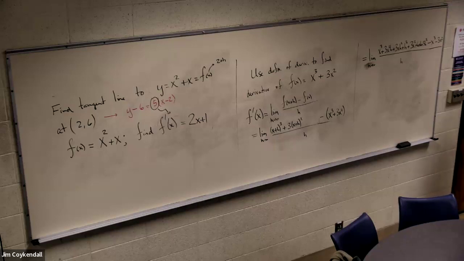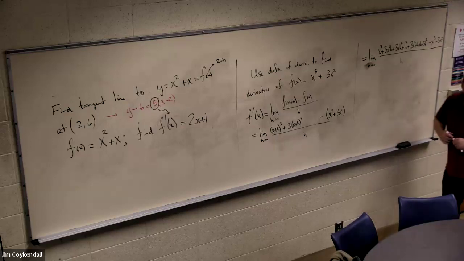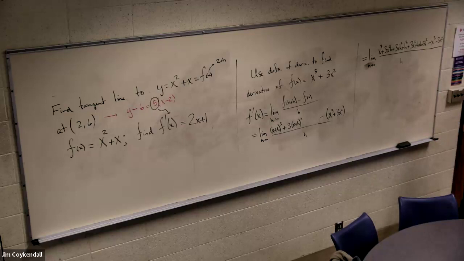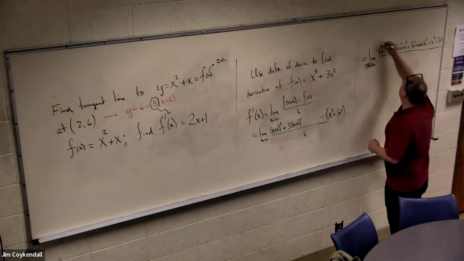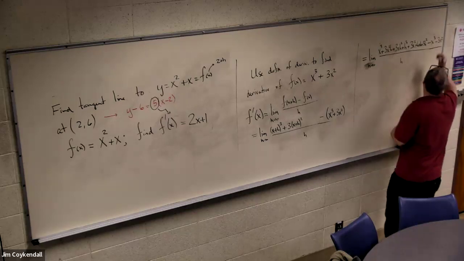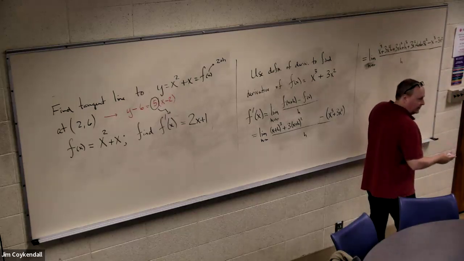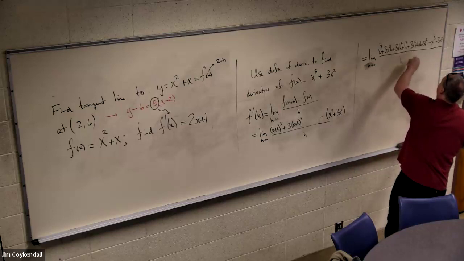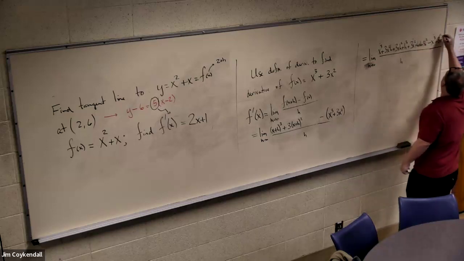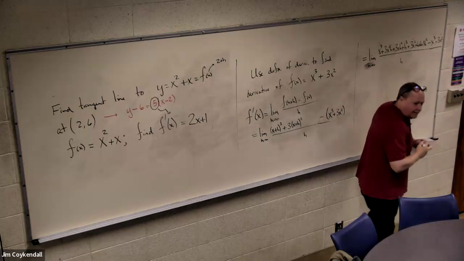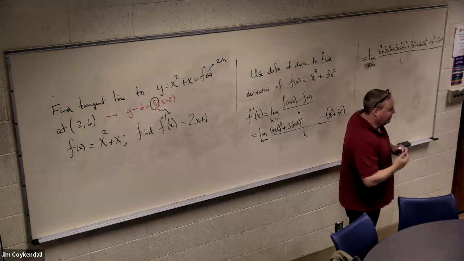Now, something wonderful happens, because all the stuff that has no h's in it goes away. Notice, there's an x cubed here, and it's killed by that. And there's a 3x squared here, and it's killed by that. And everything left over has an h.